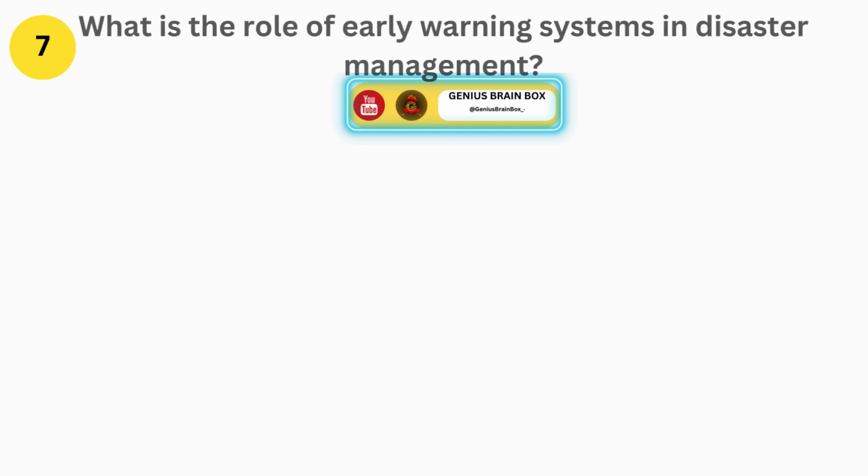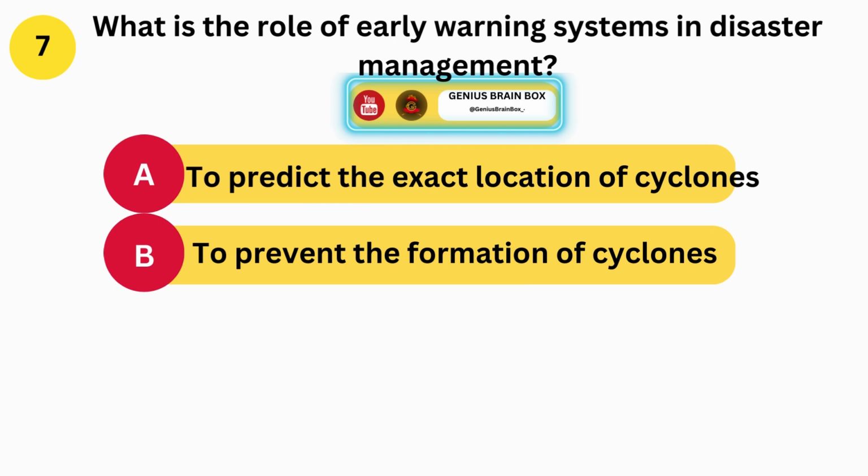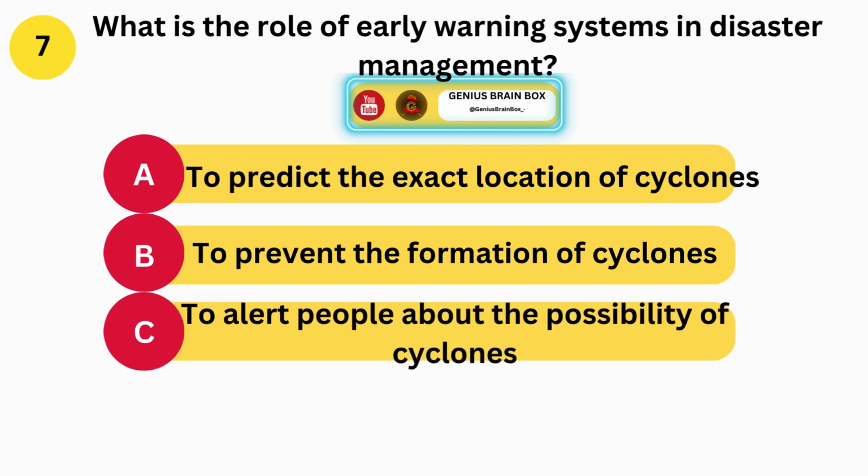What is the role of early warning systems in disaster management? Option A, to predict the exact location of cyclones. Option B, to prevent the formation of cyclones. Option C, to alert people about the possibility of cyclones.